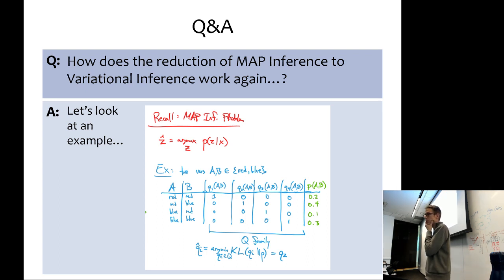So when you don't have that finite set of Q's, when you're learning what Q is, is that learning the parameters of Q? Yeah, exactly. So that's what we're really going to be doing in the rest of today's discussion of mean field: thinking about how we actually learn the parameters of Q rather than picking out a specific Q from a list.